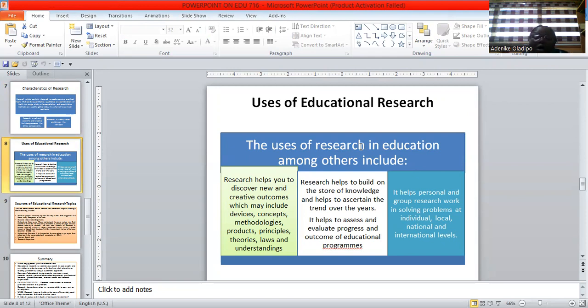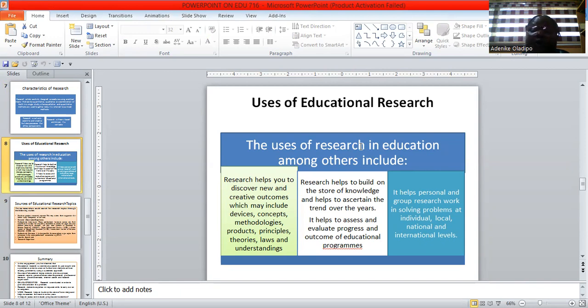So once you are able to establish a premise, it is either further expanding the window of research or showing new ways of doing things. So basically, research helps to build on the store of knowledge and helps to ascertain the trends of knowledge over the years.